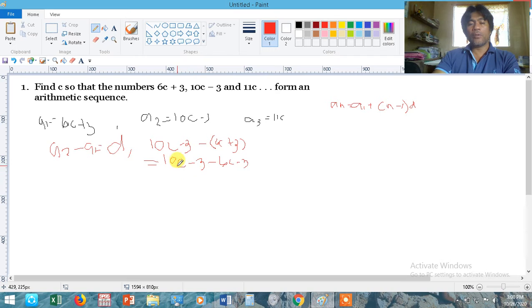Okay, so you have common terms. 10C minus 6C will give you 4C, and negative 3 plus negative 3 is negative 6. So here D is 4C minus 6. That would be the best option.